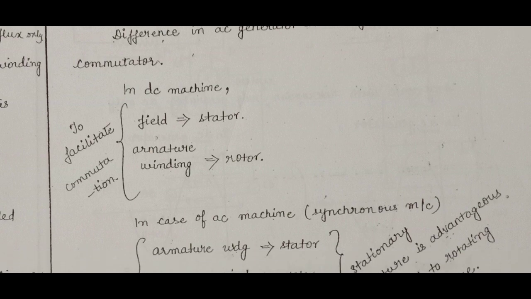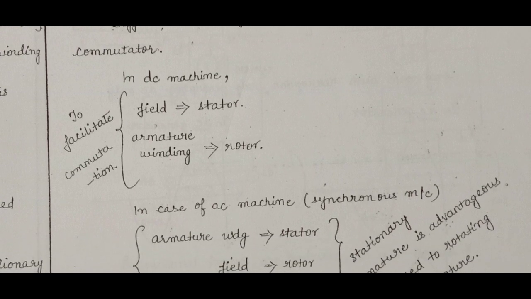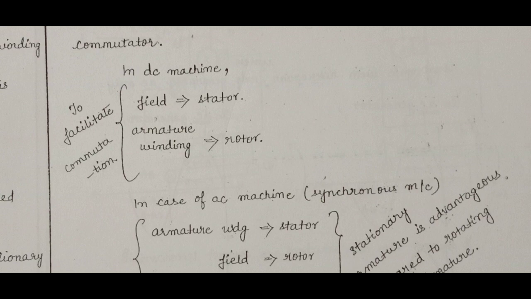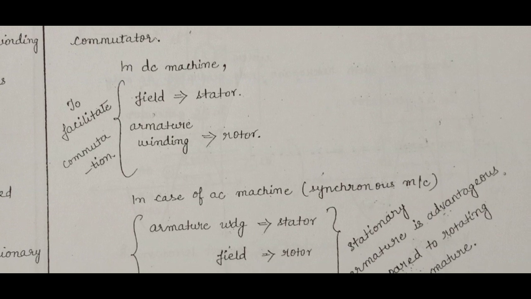In a DC machine, to facilitate commutation, the field winding is on the stator and the armature winding on the rotor, to provide the commutation process.